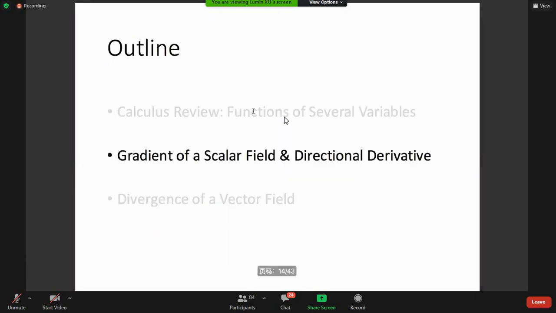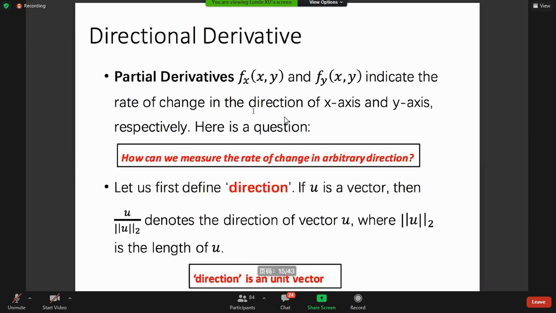Let's move on to the next part about directional derivatives. First, we should understand the definition of direction.